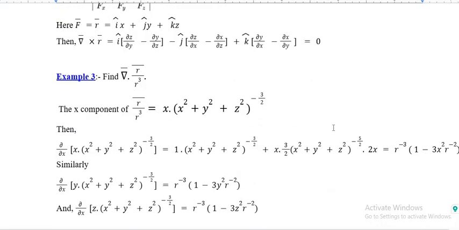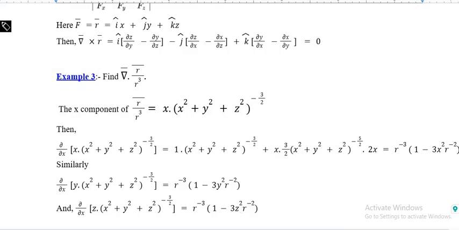Now we have a little bit more complicated case. Here we are trying to find the divergence of r vector divided by r cube. To simplify this complicated system, we are going to consider 3 different components. First we are going to write it for the x component. So r is a function of x, y and z.